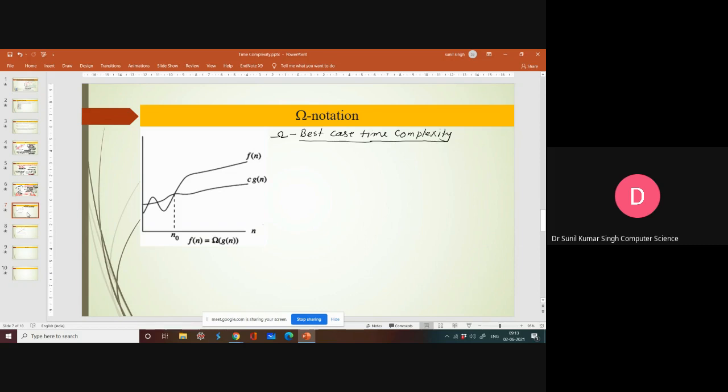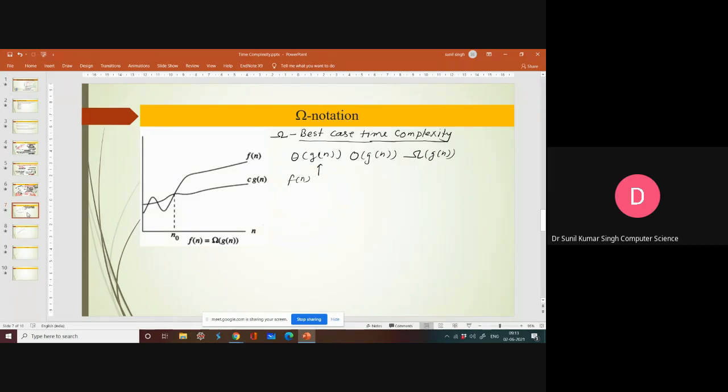Maybe if this is theta of g(n), or big O of g(n), or omega of g(n), whatever the notation we are going to use, f(n) can take each and every value.